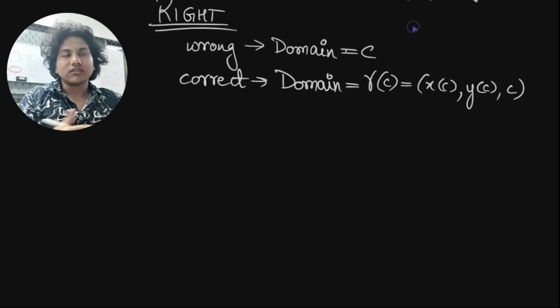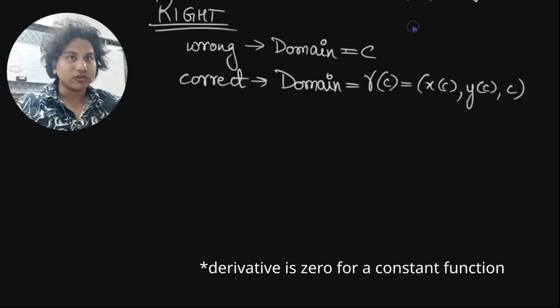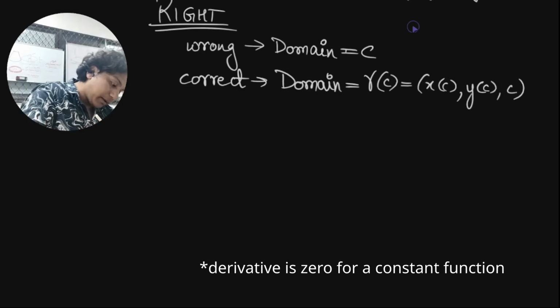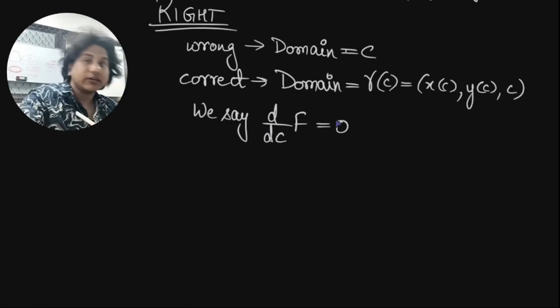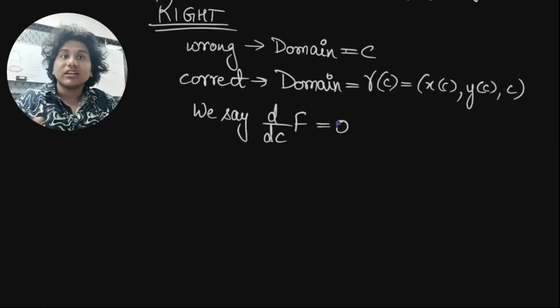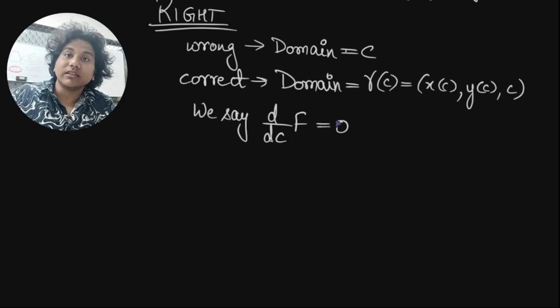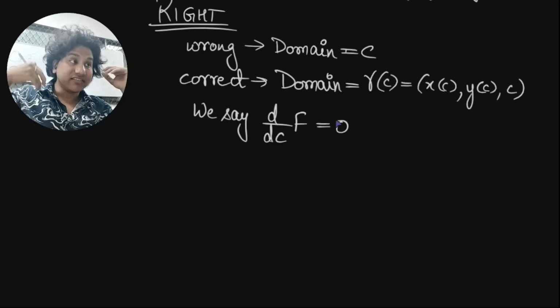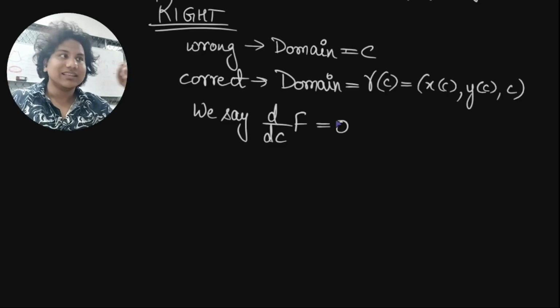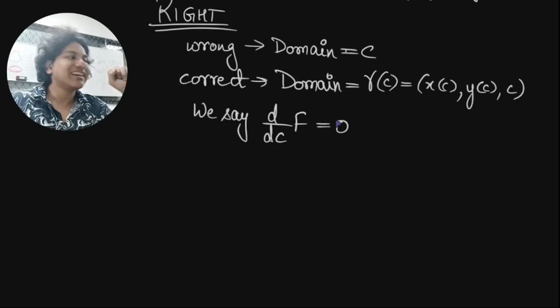So if the function is constant, the derivative of the function shall also remain zero with respect to that variable. So we say the total derivative of the function is zero. So instead of the partial derivative with respect to c being zero, which will be true, we'll come to that, the total derivative is true as well. This is where I made that critical error.